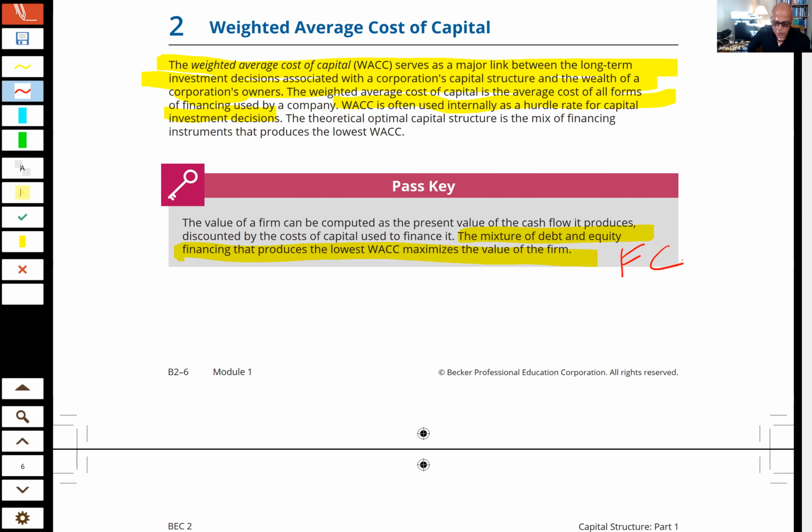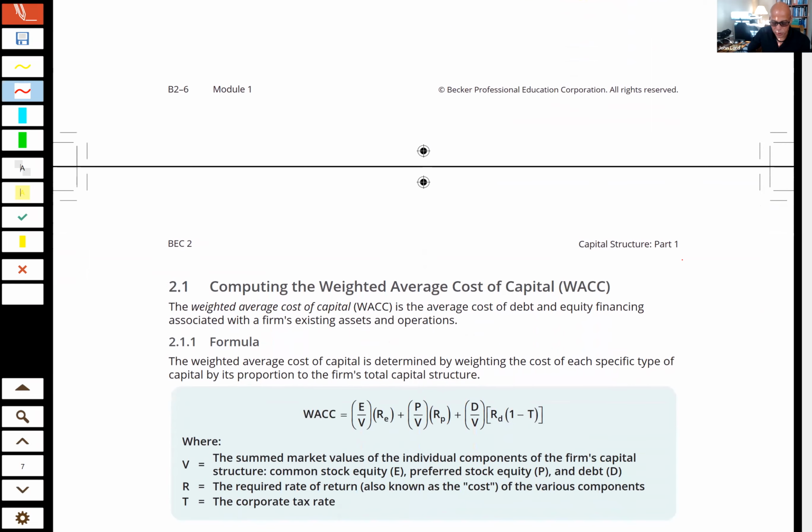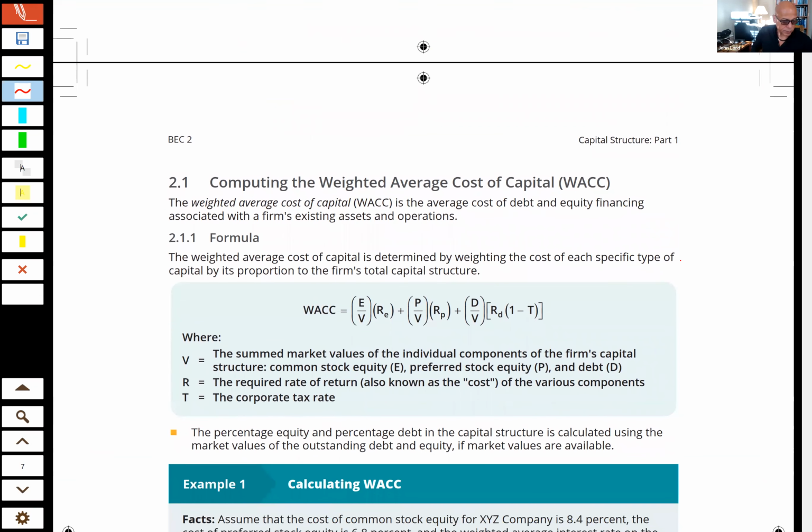Okay, so you start to take a look, and there are elements to the calculation of the weighted average cost of capital. And you can see that we have a factor for each specific type of capital, okay? And you can see that we have three different sources that I've been indicating. We have common stock, which is represented by the term E here. We have preferred stock, which is P, and then we have debt, which in this particular formula, as you can see, is the D. Okay.